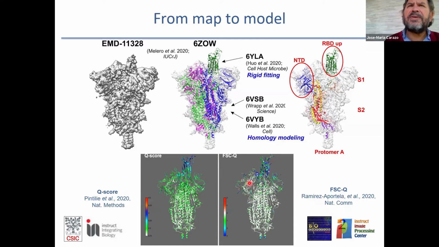And it is very good to tell us which areas of the map are supported or not by a proposed model, in a quantitative manner that is directly coming from the information that you have in the half maps. So through very quantitative manners, we were able to improve first the map and then the model of this data that was being reanalyzed.